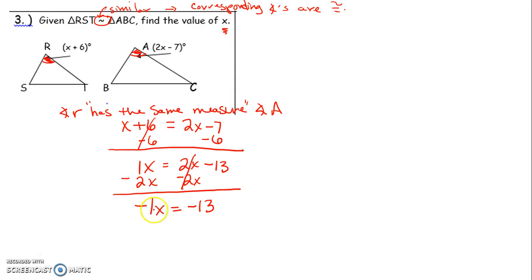The operation between the negative 1 and the x is multiplication. How do I undo multiplication? I undo multiplication with division. So I'm going to divide the left side by negative 1 to get x all by itself. I must divide the right-hand side of my equal sign by negative 1 as well. Negative 1 divided by negative 1 is a fancy form of 1. So I have x equals negative divided by negative is a positive. 13 divided by 1 is 13.